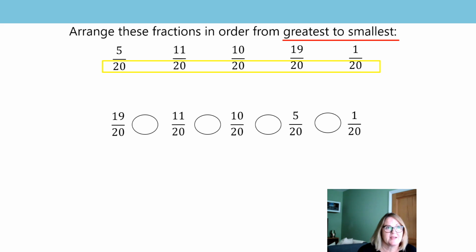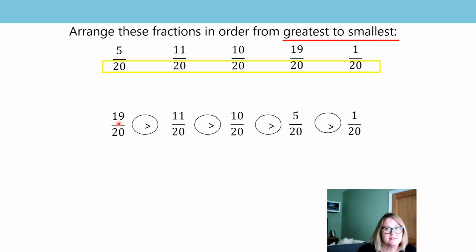19/20ths, that's right, that's the greatest fraction, is greater than 11/20ths, and that's greater than 10/20ths, and that's greater than 5/20ths, greater than 1/20th. Do you agree? Yes, this is the right way round now. Okay, how do we know that though? Well, they are all 20ths, and we need to arrange looking at the numerator.